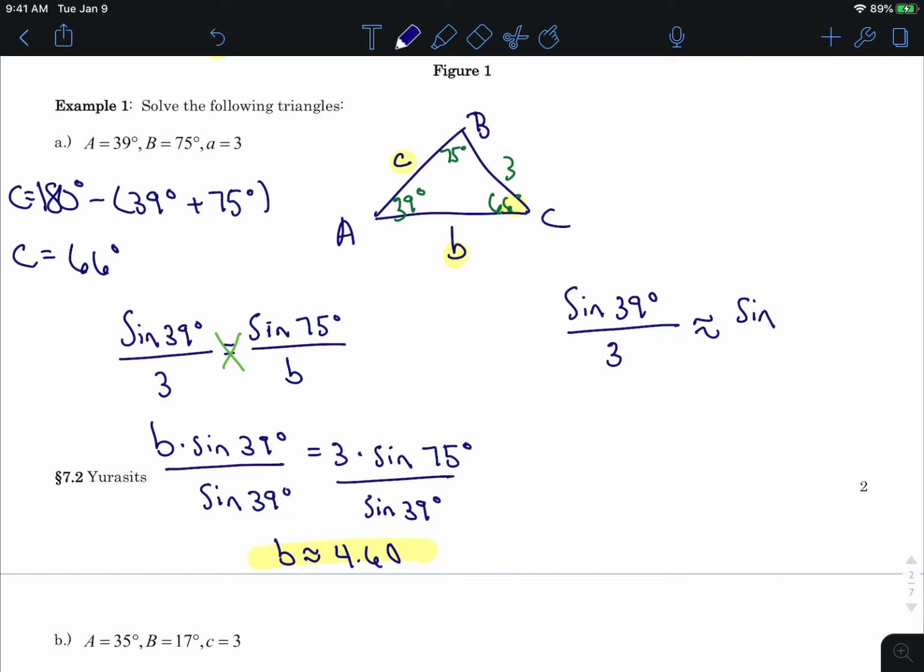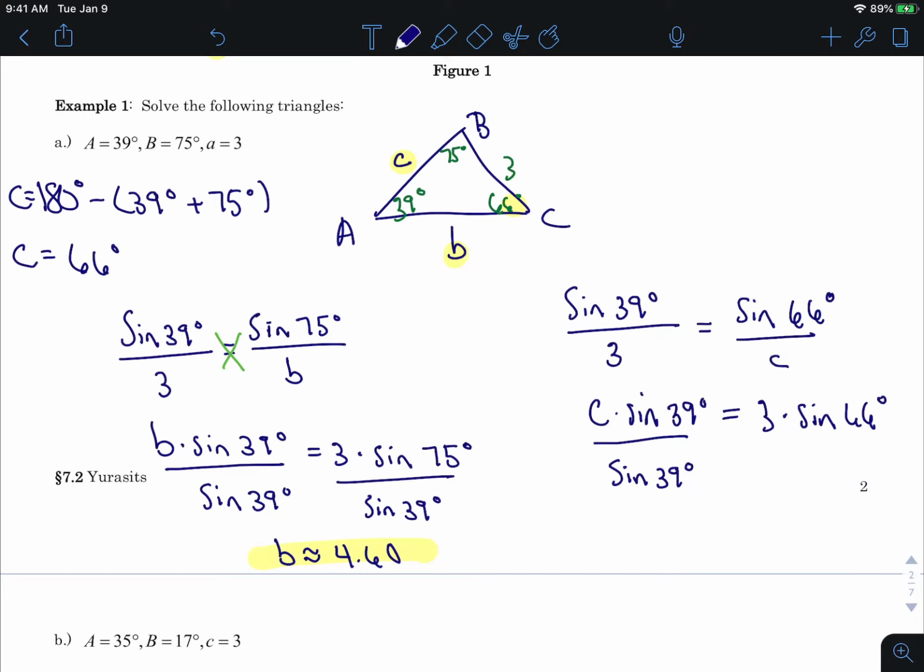So now this will be sine of 66 degrees over a little c. And if you cross multiply again, I guess I actually can go ahead and put exactly equals since I didn't do any rounding at that moment. And I'm going to divide by sine of 39.